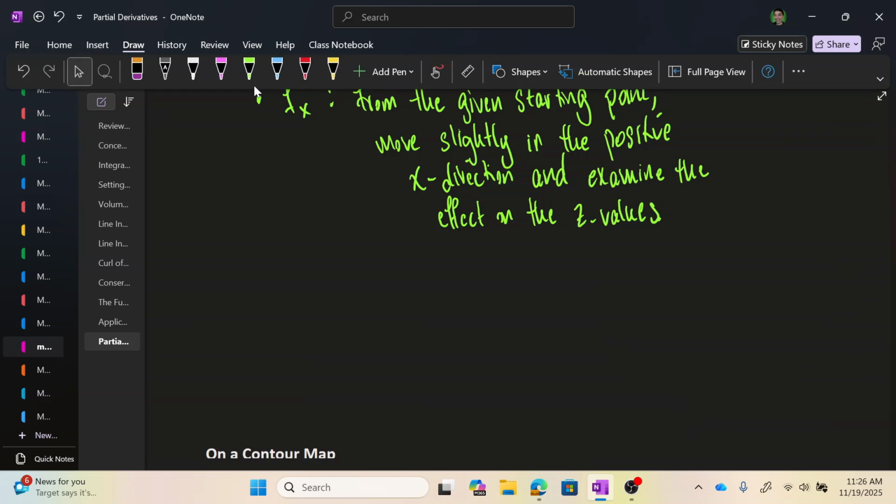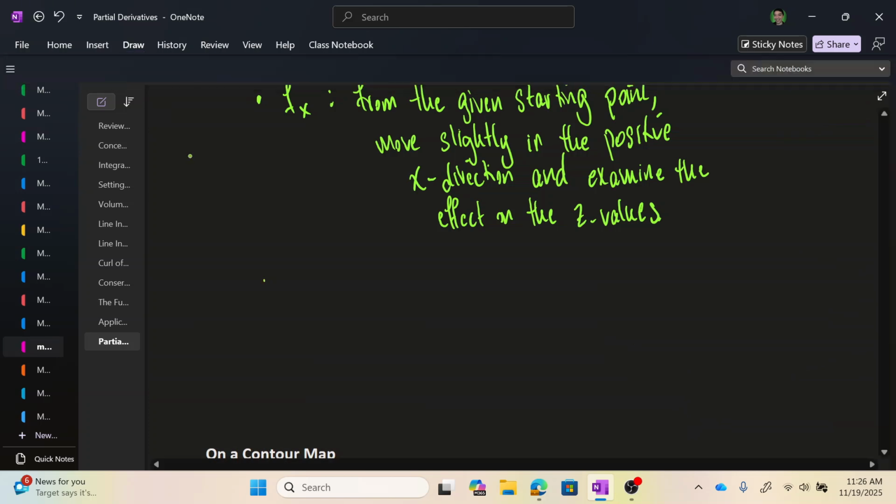And f sub y is similar. For f sub y, from your starting location, move slightly in the positive y direction, corresponding to an infinitesimal increase in the y values.